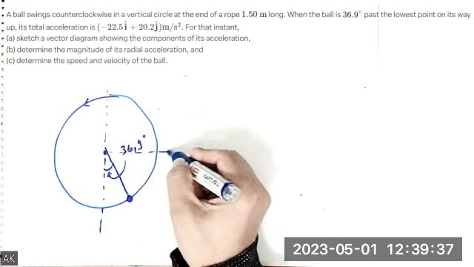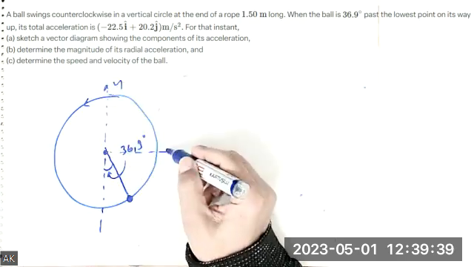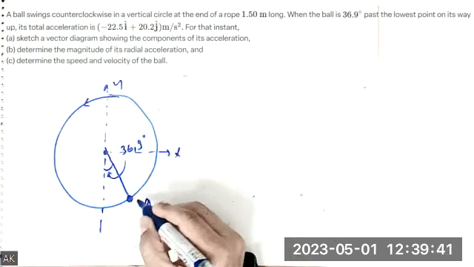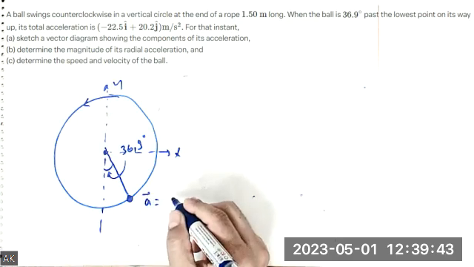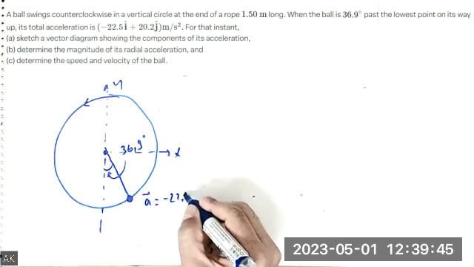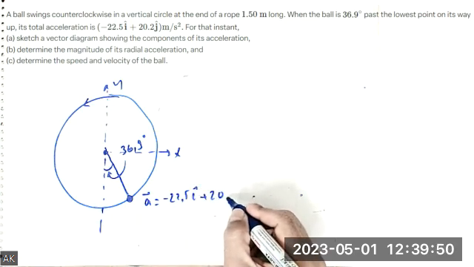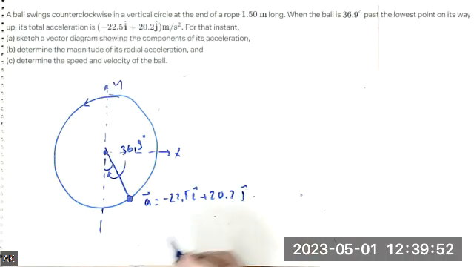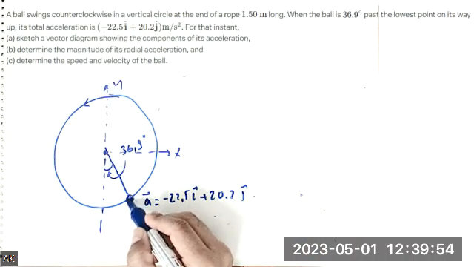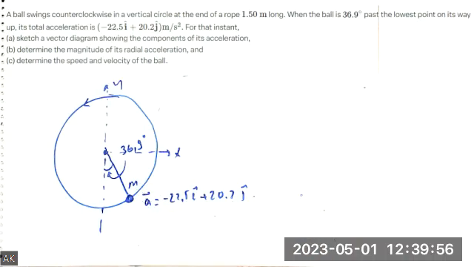You just take this as the y-axis, this is the x-axis. The acceleration at this point is given as minus 22.5 i plus 20.2 j, okay? And obviously the object has some mass m, let's say, put the mass over here.